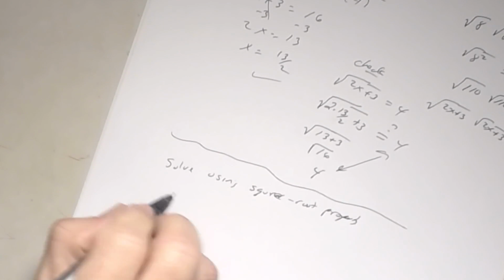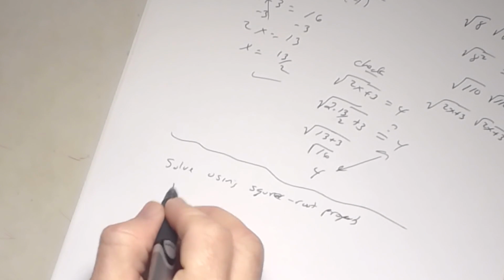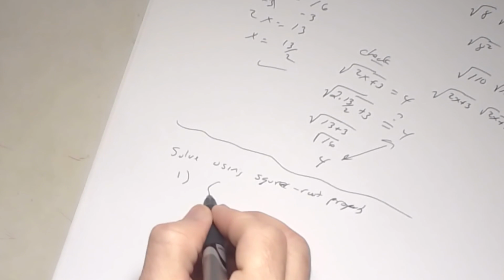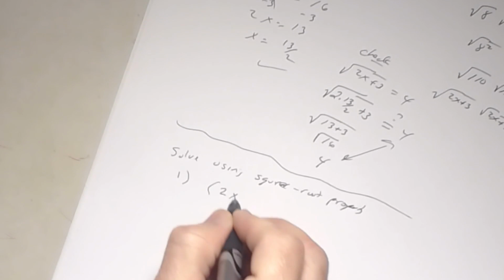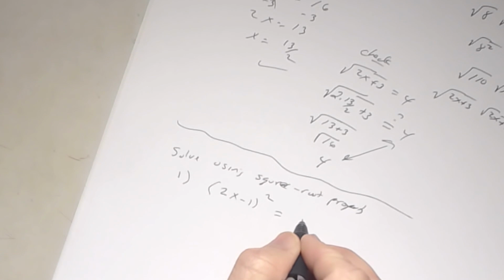And I'm going to do an easy one first. So let's say number 1, you had 2x minus 1 squared equal, let's say, 9. I made that up. Now notice, what kind of equation is this?